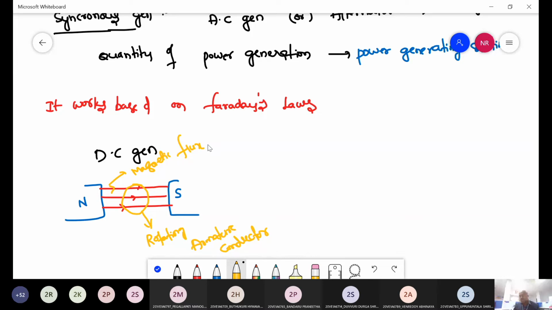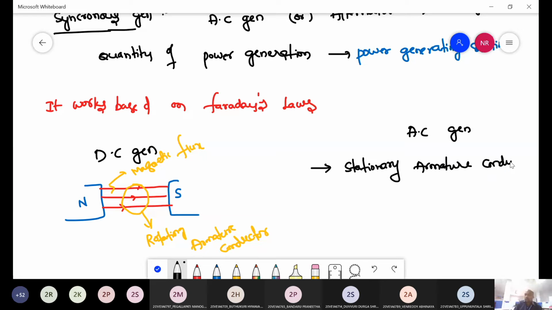But when it comes to the AC generator, here we are using a very high amount of armature conductor. So here we are using stationary armature conductor and rotating magnetic field.